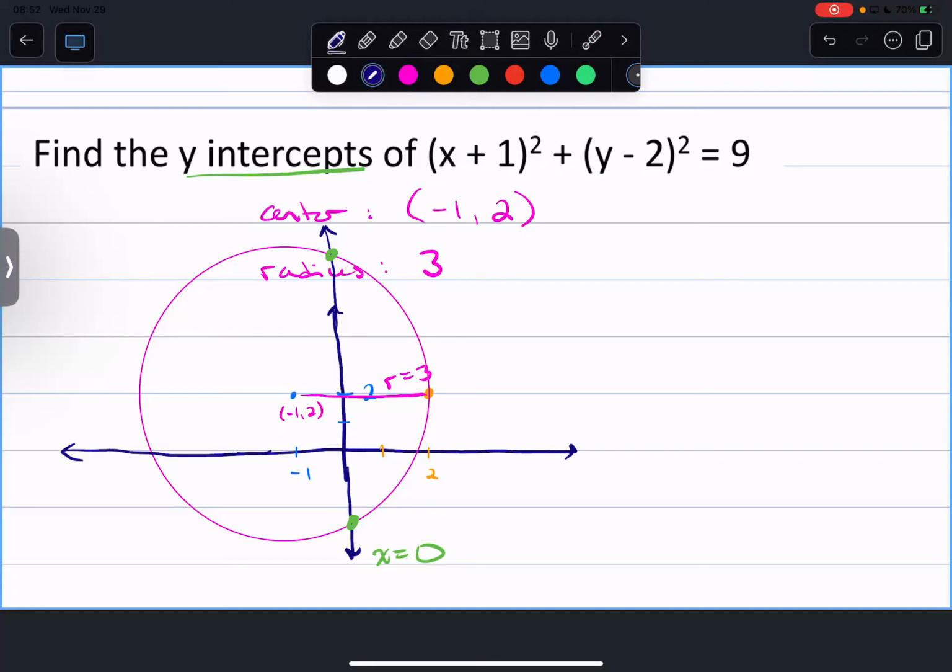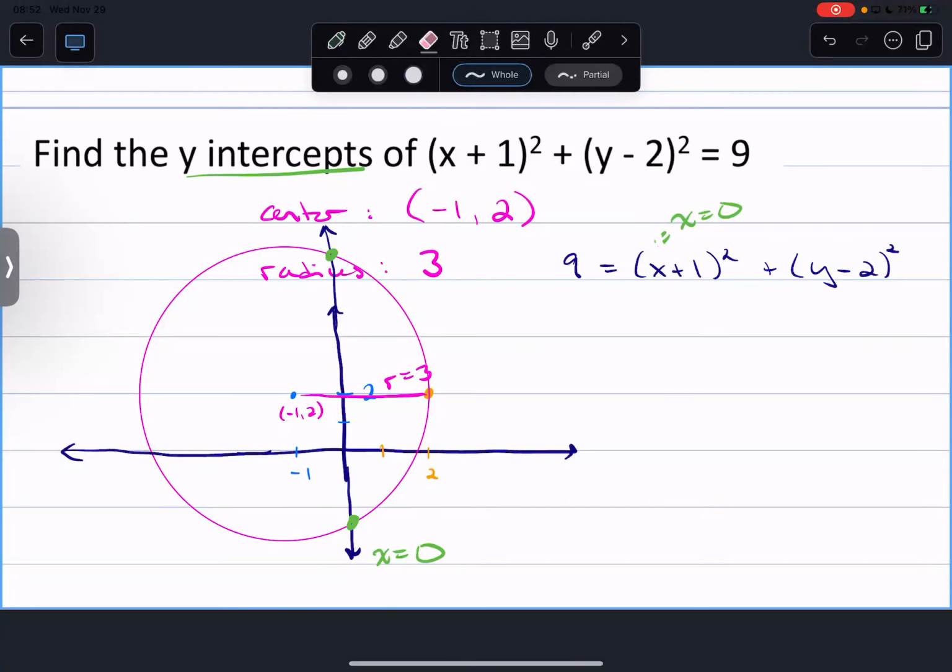But have a little fun. I'm going to write 9 is x plus 1 squared plus y minus 2 squared. Let x be 0, then 9 is 0 plus 1 squared plus y minus 2 squared.